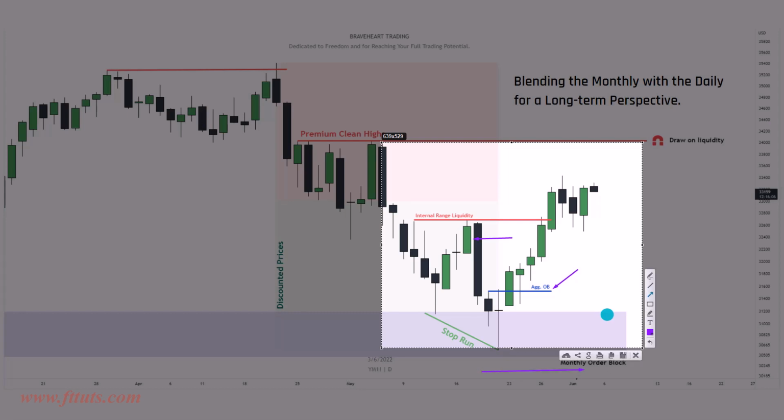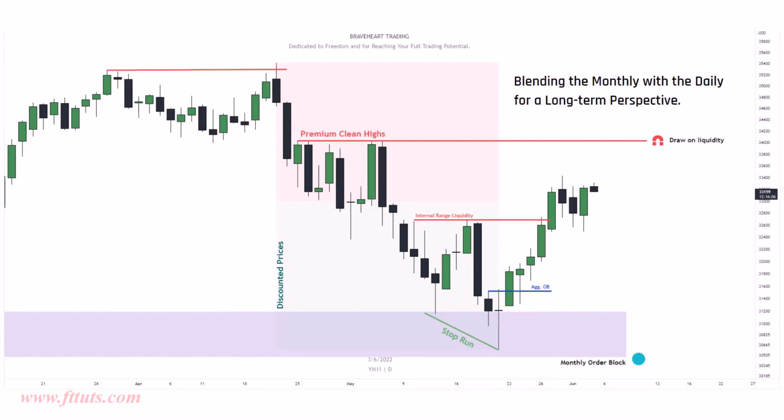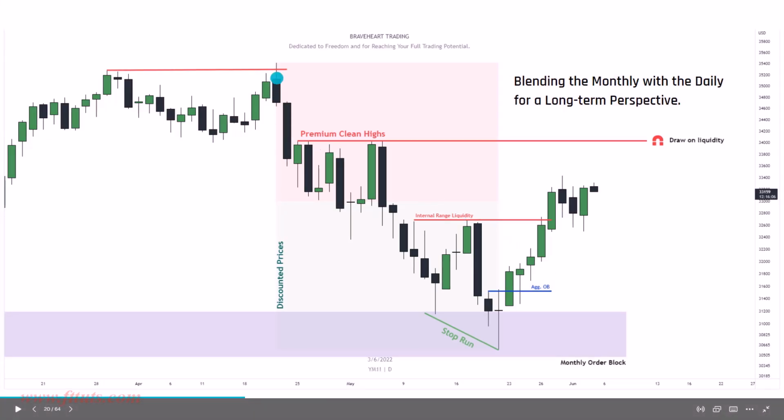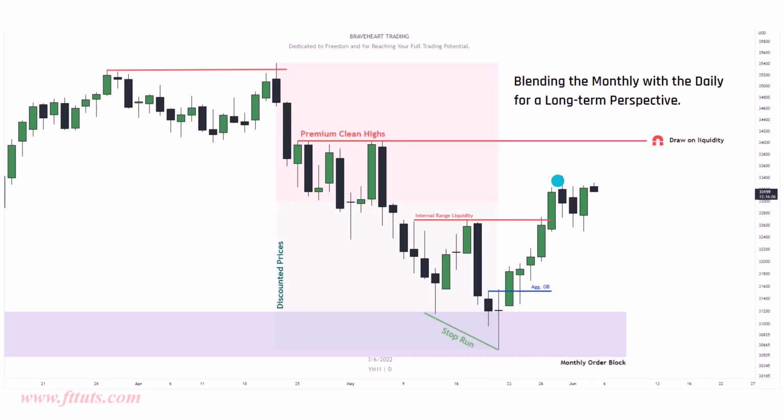So what does that tell you about the monthly order block here and the stop run? So we have to find a narrative. Where does the market want to trade to? In this case, we have two areas that price could trade towards: liquidity pool and imbalance. So here we have internal range liquidity in form of premium highs, and we have an imbalance, and that's going to be the source of drawing liquidity.